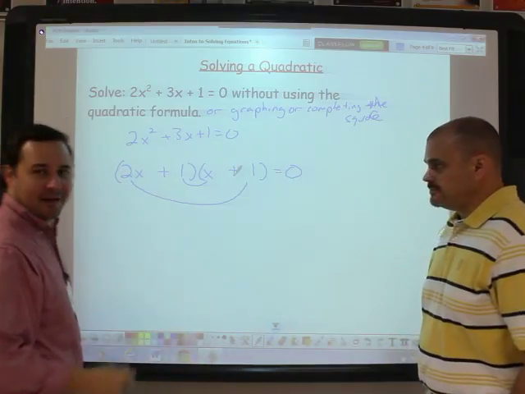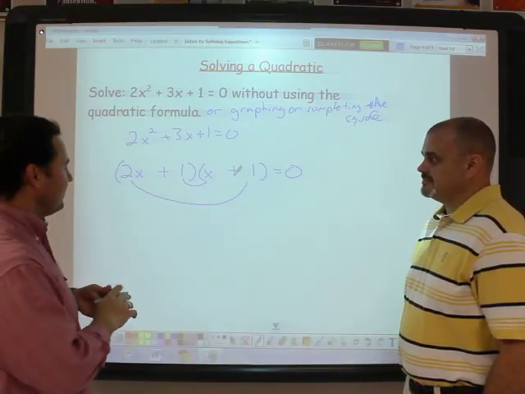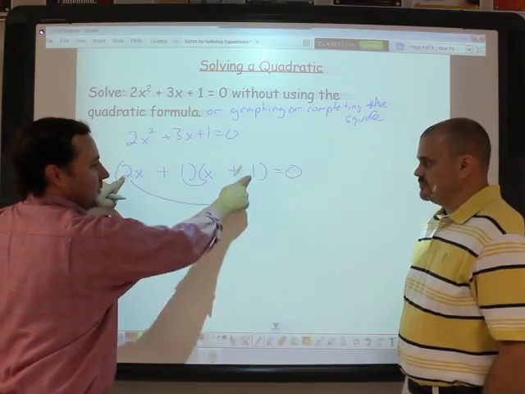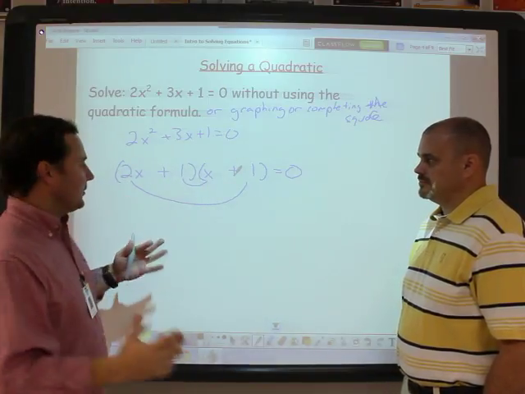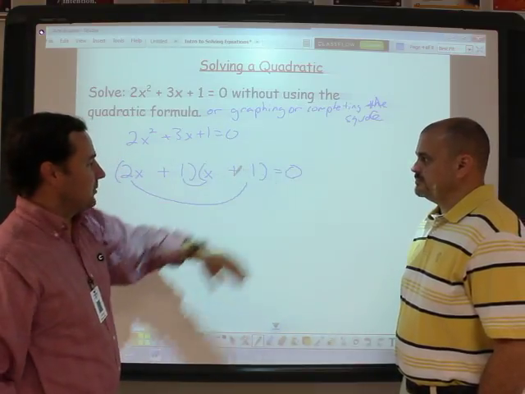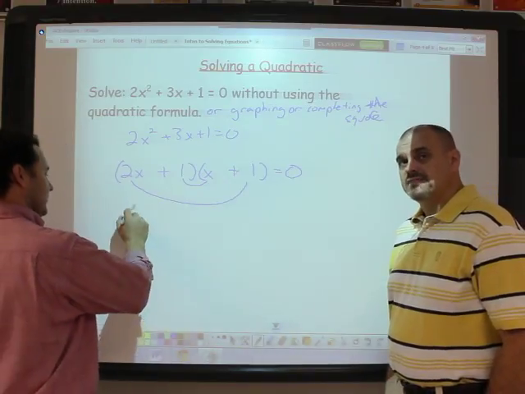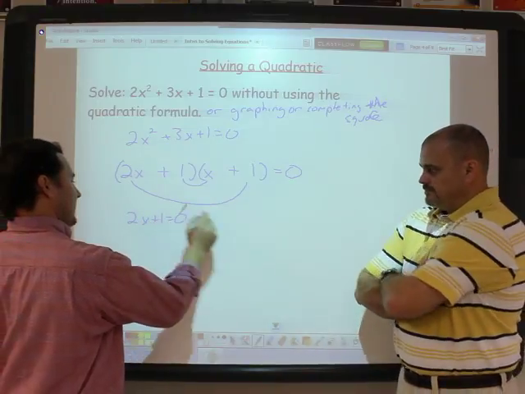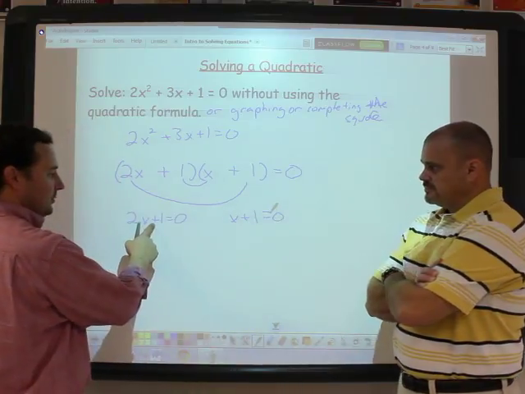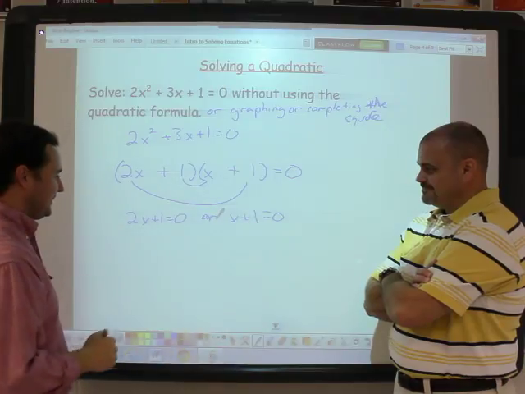So students look at this and they get so confused. They actually see 4 things going on. They see a 2x, a 1, an x, and a 1. But really there are only 2 things going on. I've got this factor times this factor, and the product is equal to 0. You multiply 2 numbers together and get 0, at least one of them has to be 0. That's correct. So I can set each factor equal to 0, because either this one equals 0, or this one equals 0.